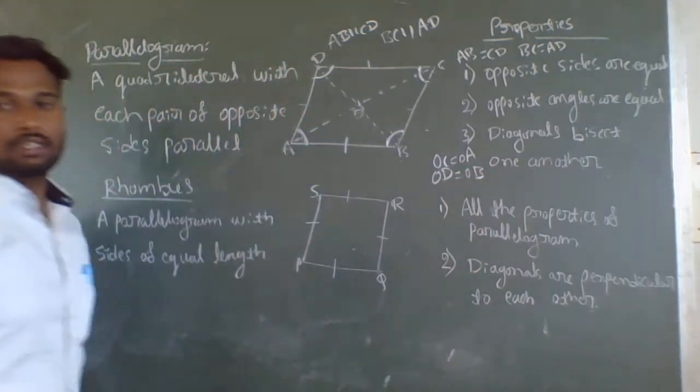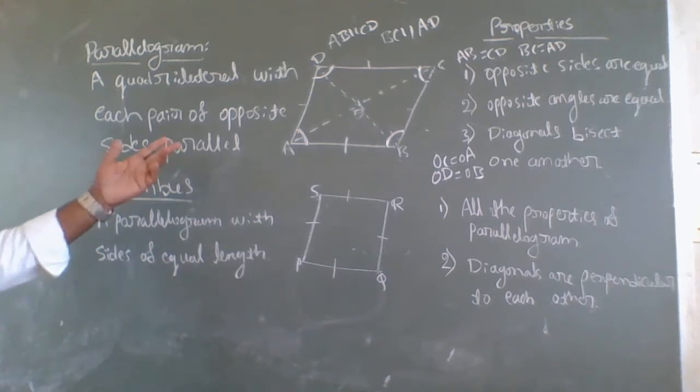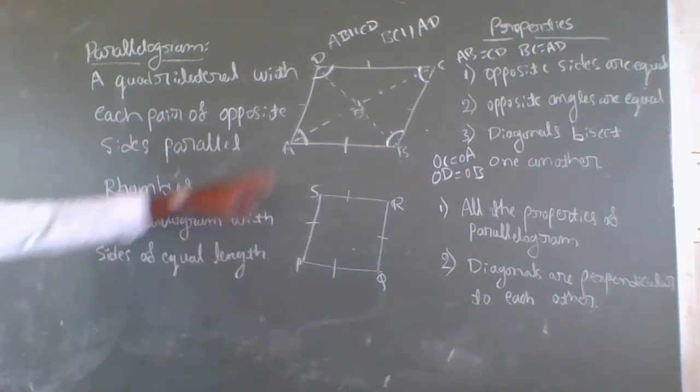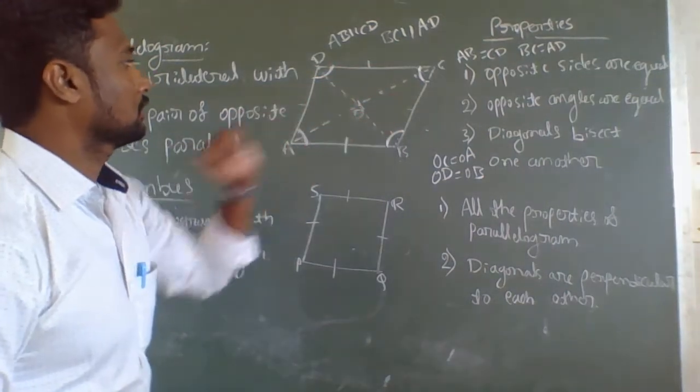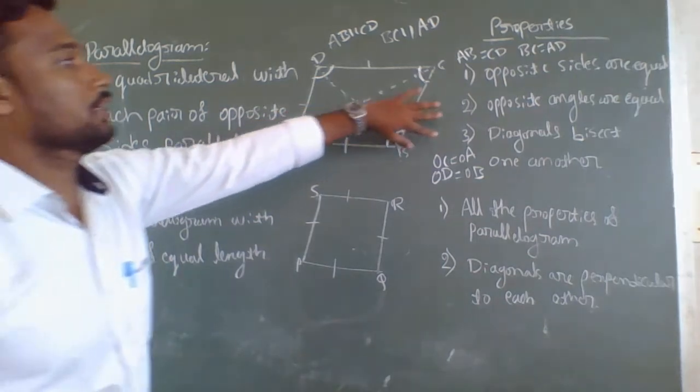Okay. So these are the three important properties of a parallelogram. What is a parallelogram? A parallelogram is a quadrilateral with each pair of opposite sides parallel. So here, what are the three important properties?